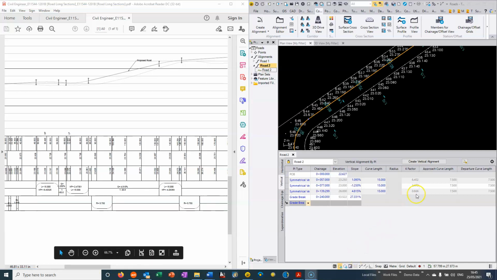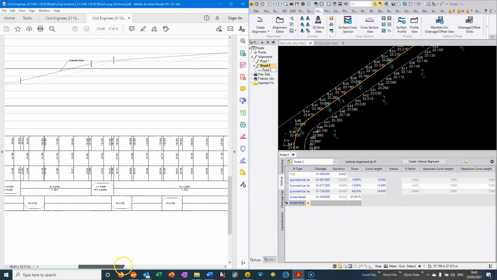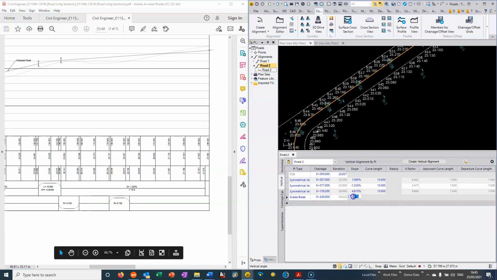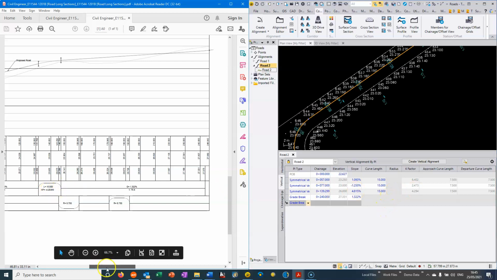So I was puzzling over this K factor of 0.666, and what I've done, of course, wrong here is I've put in the level as the grade instead of the grade. So that should be 1.322. The K factor is now 4.294, so that's very close to what we've got here.